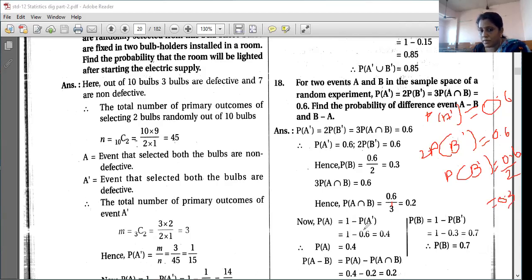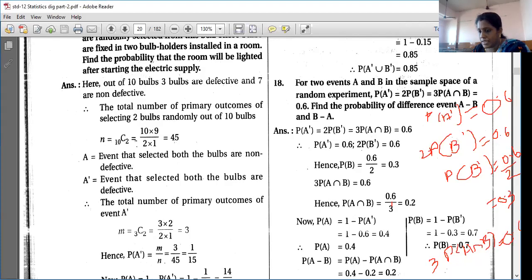Now, one more thing is given, that is 3P of A intersection B is 0.6. So again you have to divide that. That is P of A intersection B equal to 0.6 upon 3, that is 0.2.